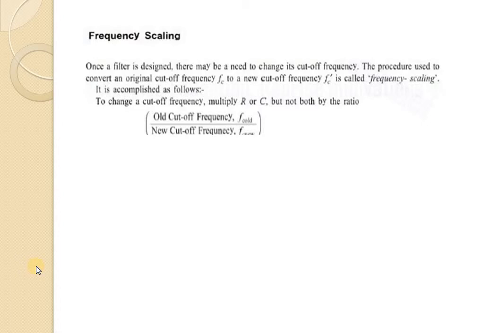So the procedure to convert the original cutoff frequency fc to a new cutoff frequency is called frequency scaling. That means we have to change the cutoff frequency to get the desired value. To change the cutoff frequency, multiply R or C but not both by the ratio, and the ratio is the old cutoff frequency divided by the new cutoff frequency. That is frequency scaling.